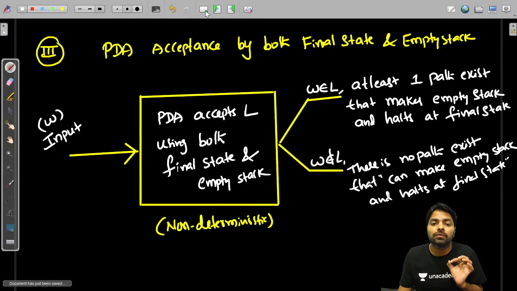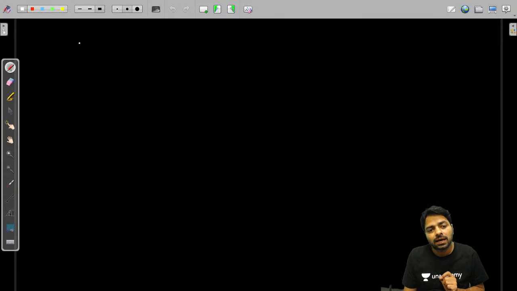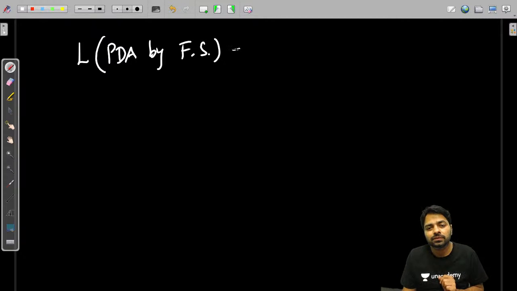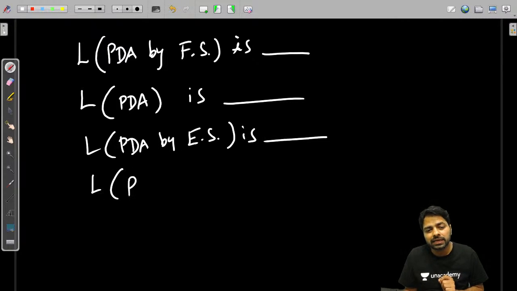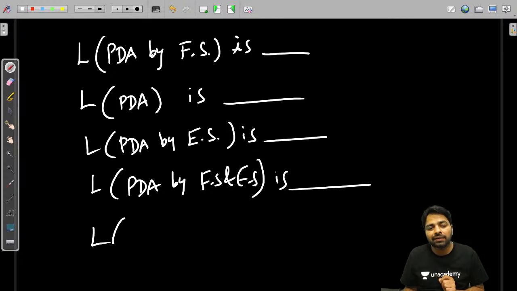And when you look at all of them, anybody says language accepted by a PDA by final state is dash, language accepted by a PDA by empty stack mechanism is dash, and language accepted by PDA by final state and empty stack both is dash, and language generated by context-free grammar is dash.